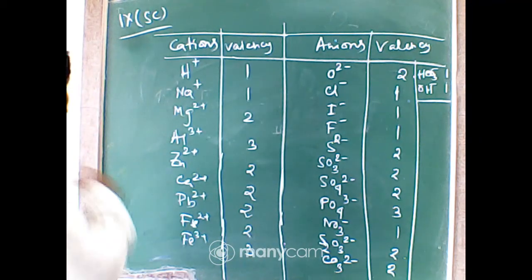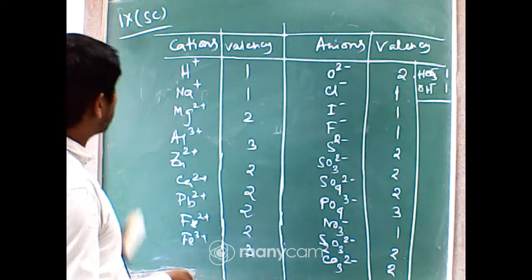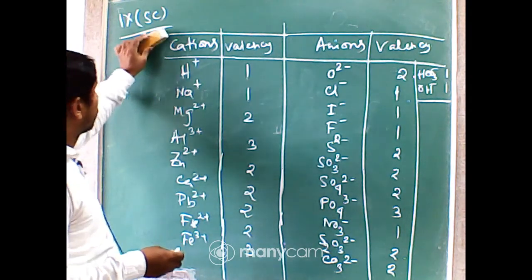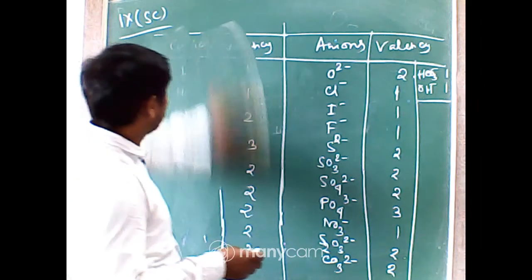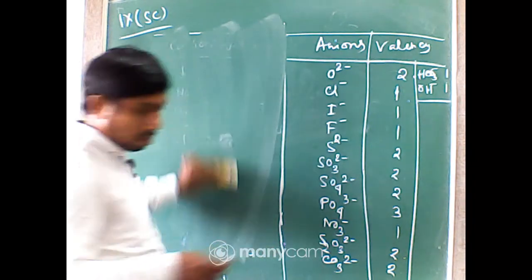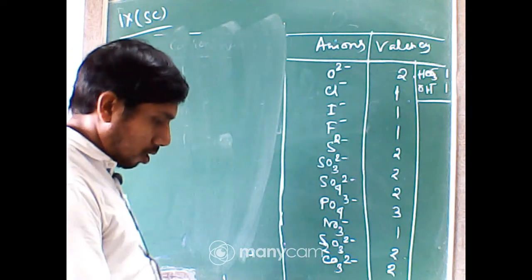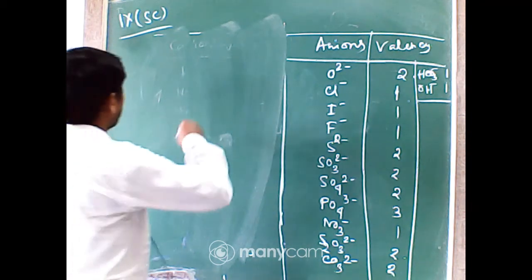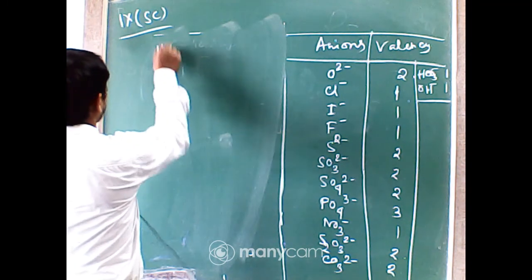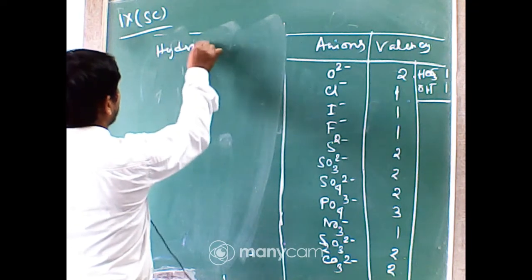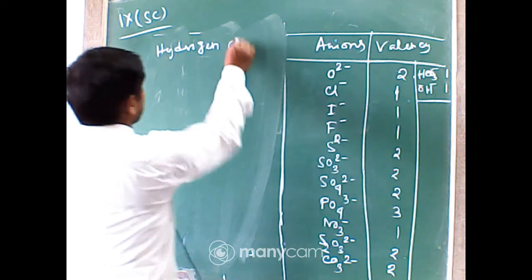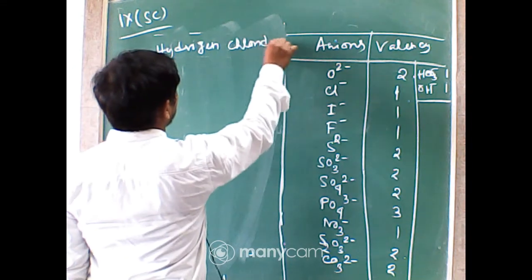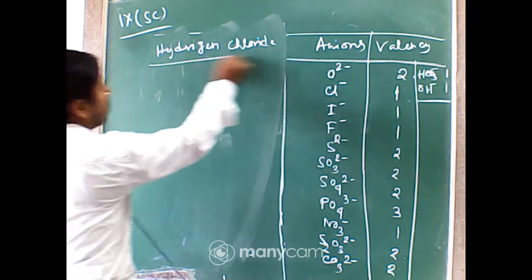Now moving to the construction of formula. Okay, I am rubbing this part. Now starting with the formula from your NCERT textbook, hydrogen chloride. This is the name of the compound given.